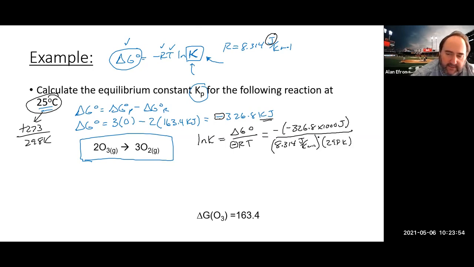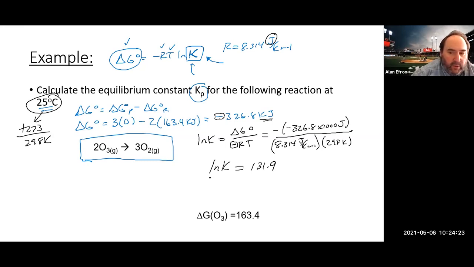All right, so we have some units canceling, and basically we will be left with 326.8 times 1,000 divided by 8.314 and divided by 298, which gets us 131.9 here, which is equal to the natural log of K.